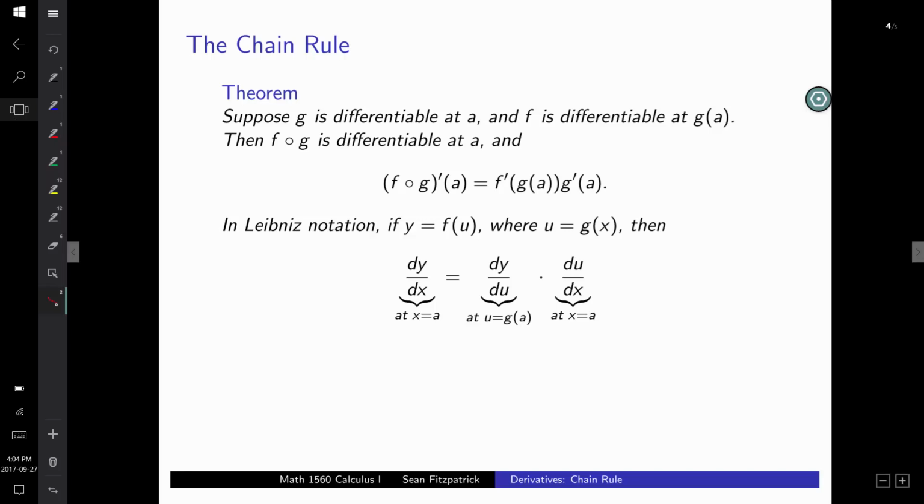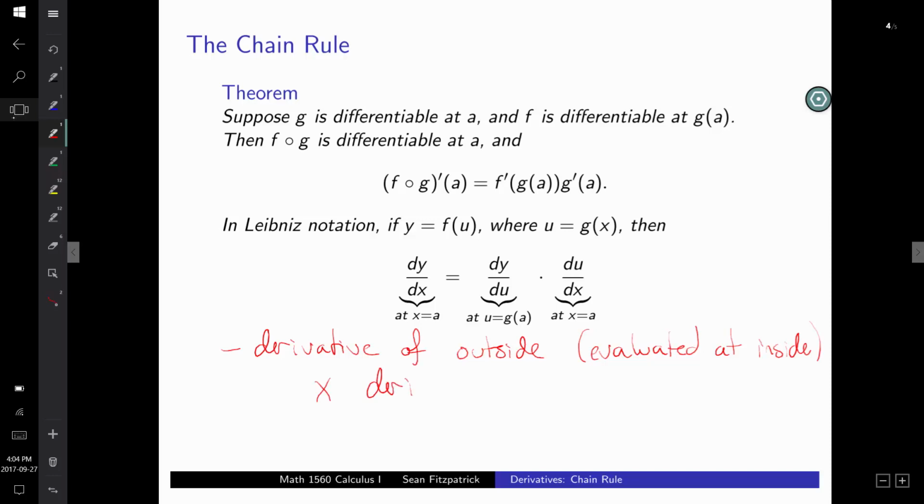And the way I calculate the derivative is I take the derivative of the outside function, evaluated at the inside, and then we multiply by the derivative of the inside, right? So we need that product of two derivatives.